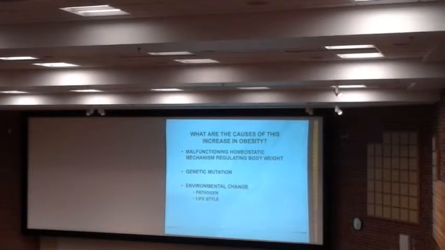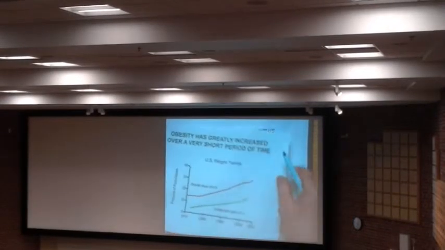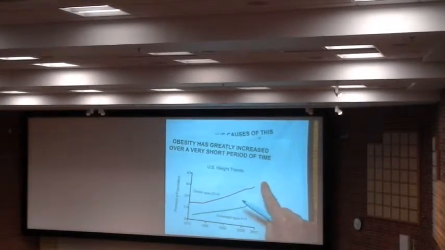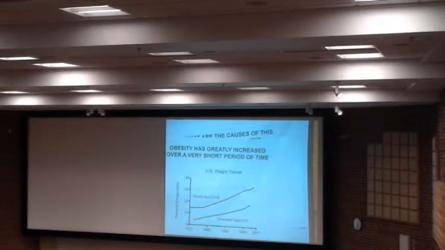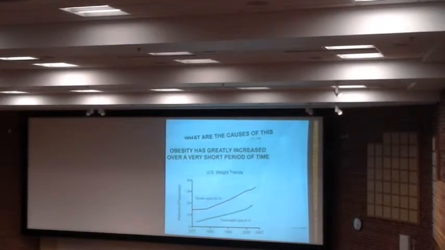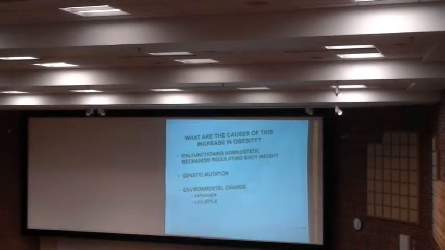This is highly unlikely because this change has occurred over such a short period of time. For a new mutated gene to spread throughout a population, in other words, for evolution to occur, usually takes much longer periods of time. So it's not likely that there is a single mutation that is responsible for this increase in obesity.